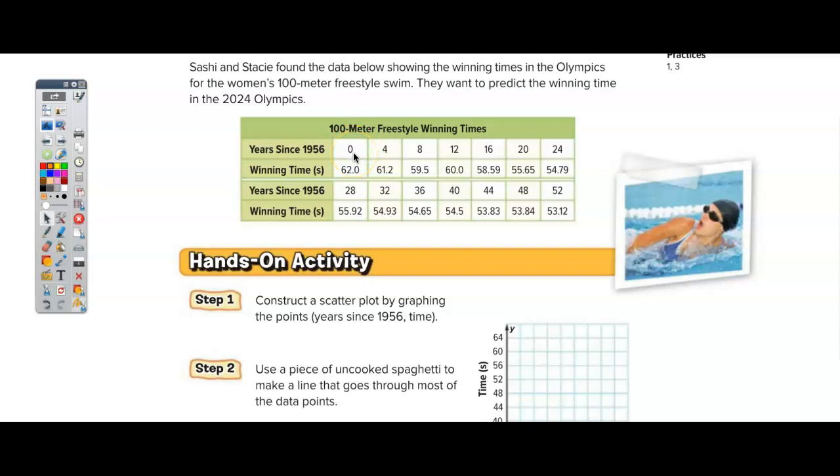Then 4 years after 1956, which would technically be 1960, is represented right here. And then 8 years after 1956 is represented here. 12 years after 1956 is represented there. So this table is a little different than what we're used to because 0 actually represents the year 1956.